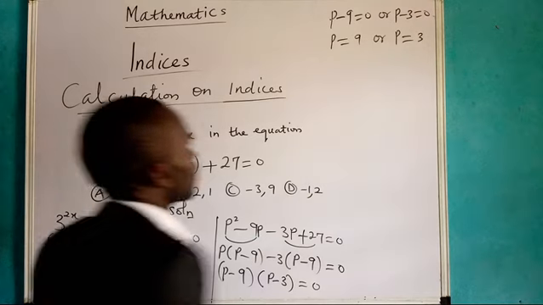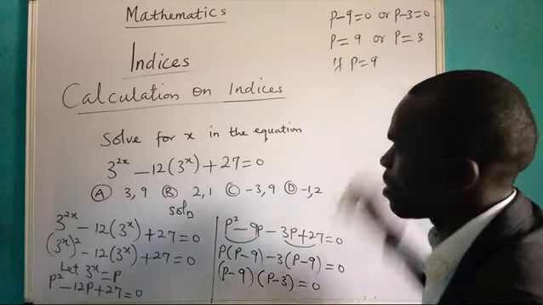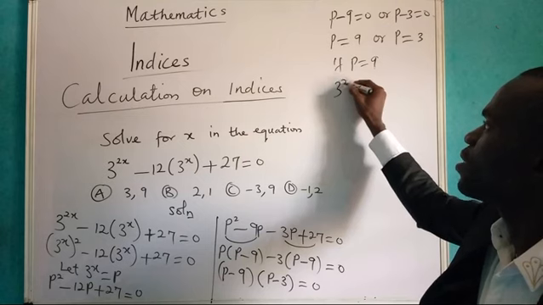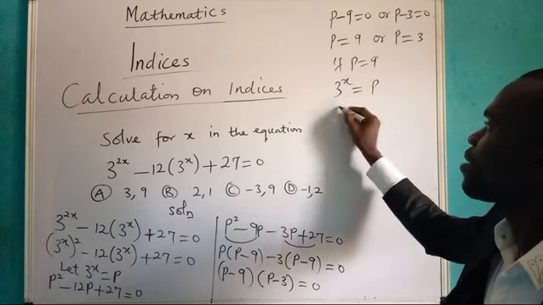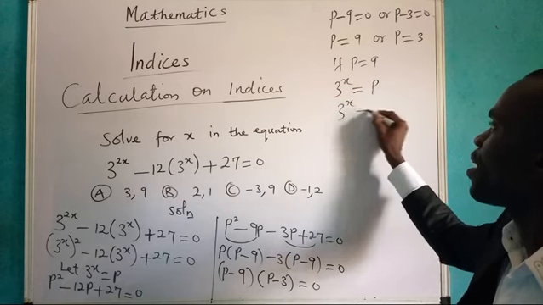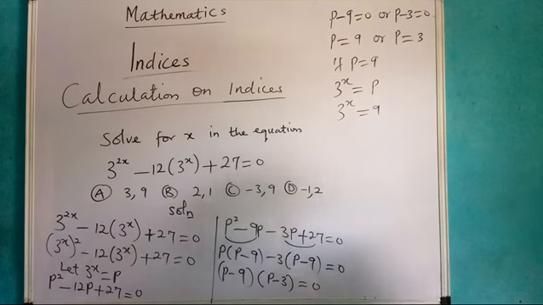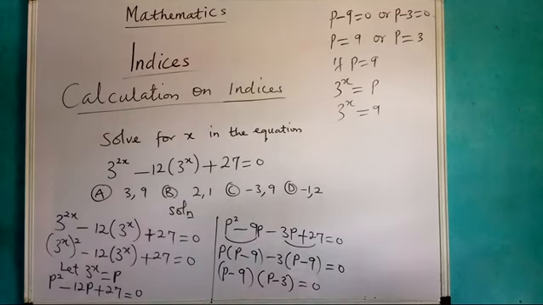Okay, now I need to go further. I will now say if p equals 9. Remember I told you, let 3 power x equal p. It means that wherever I have p, I will replace it with 9. This one is a simple equation involving indices.